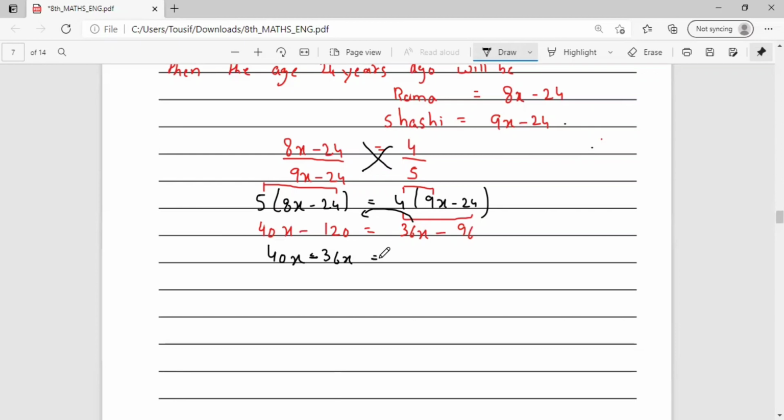Minus 120 I bring to the right hand side, it becomes plus 120. What remains on the right is minus 96 as it is.